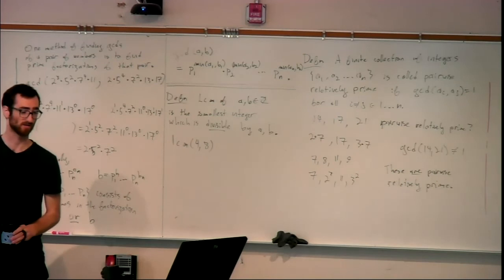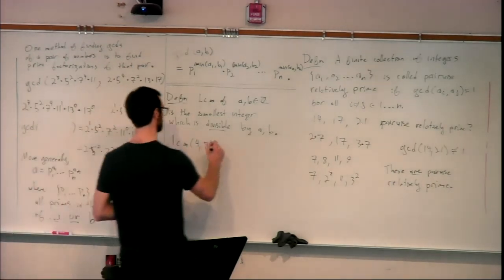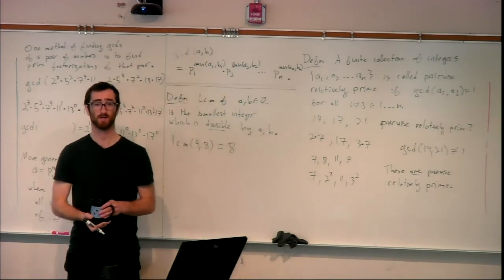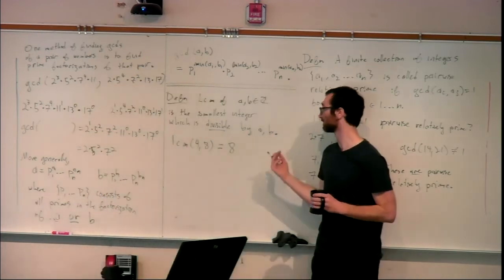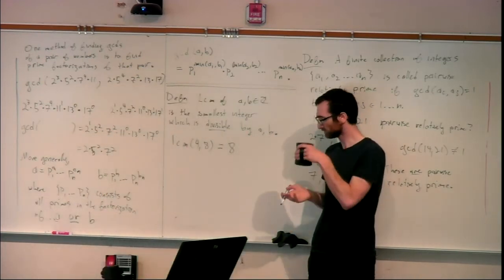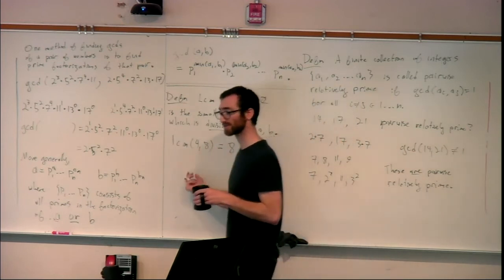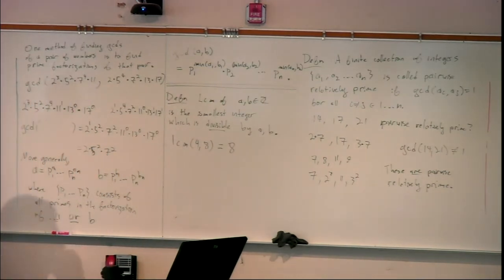And that number is 8. 8 is the smallest integer which is divisible both by 8 and 4. So when one number divides another number, we expect the LCM to be that larger number, the one which is divided by the other one.